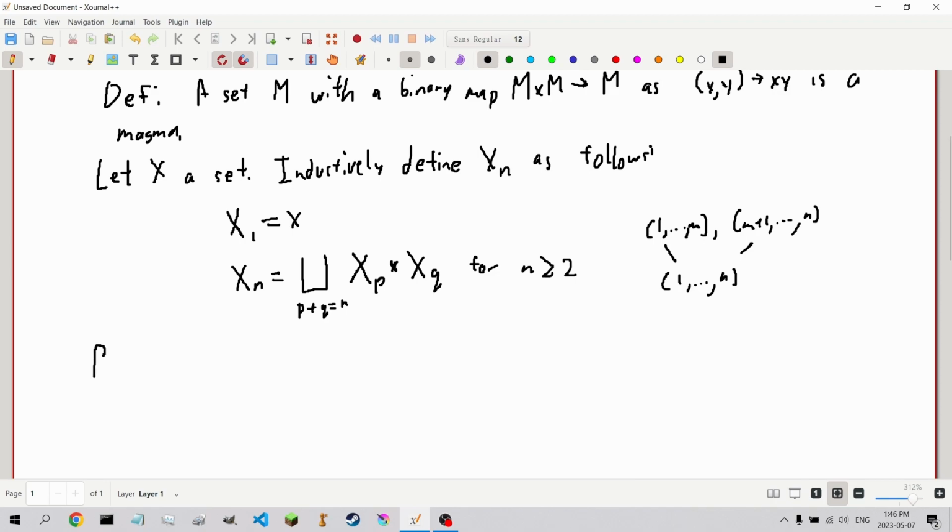Now we're going to put the magma of X, Mx, to be the disjoint union, which doesn't really need to be disjoint, but it will be anyways, of these Xn from 1 to infinity.